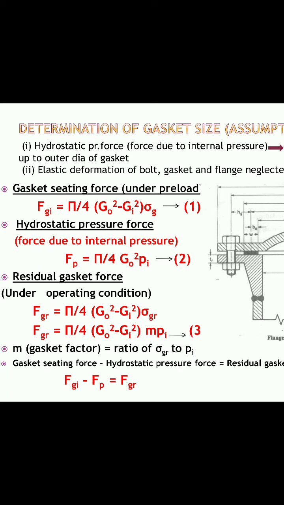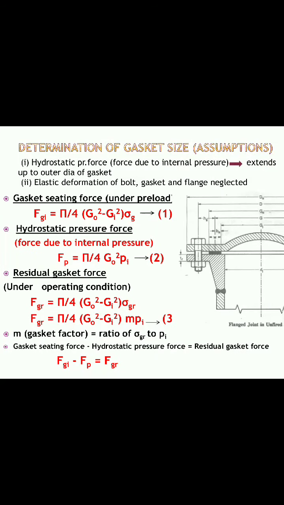Where M is considered as the gasket factor. Therefore, the ratio of sigma GR to Pi, you can discuss the residual gasket force by considering gasket setting force minus hydrostatic pressure force, that is FGI minus FP is equal to FGR.